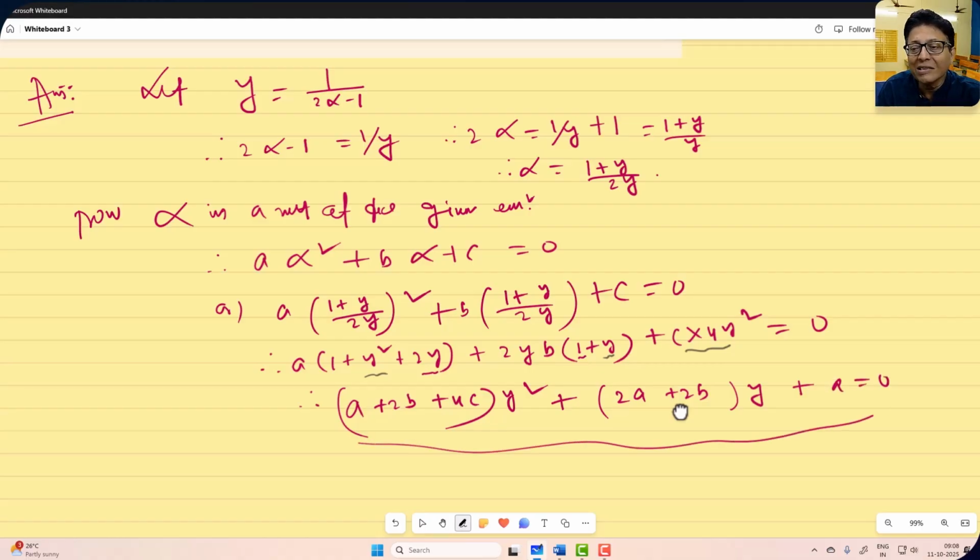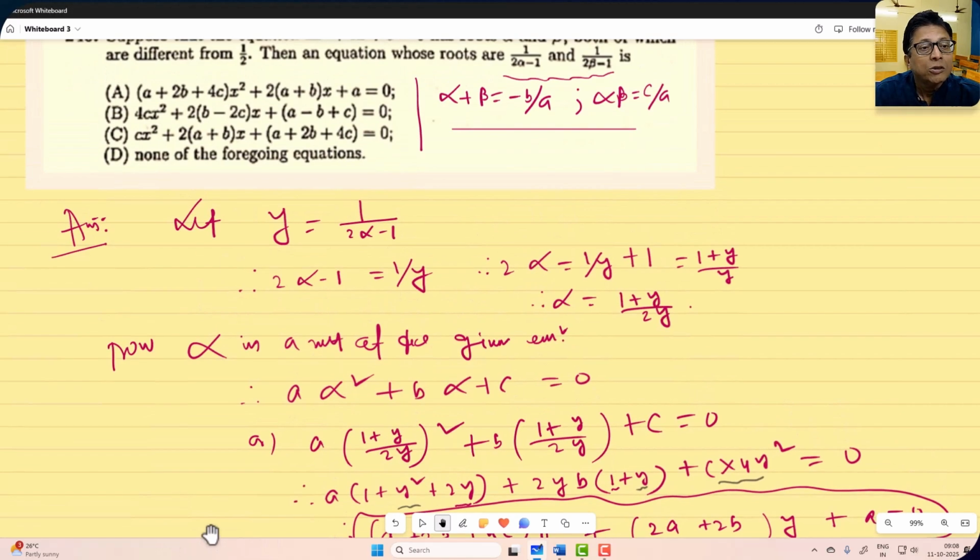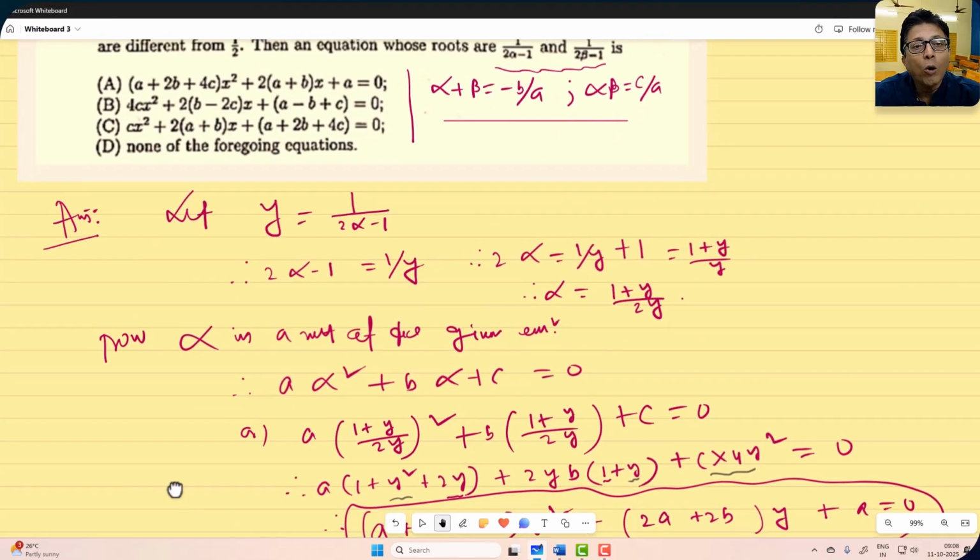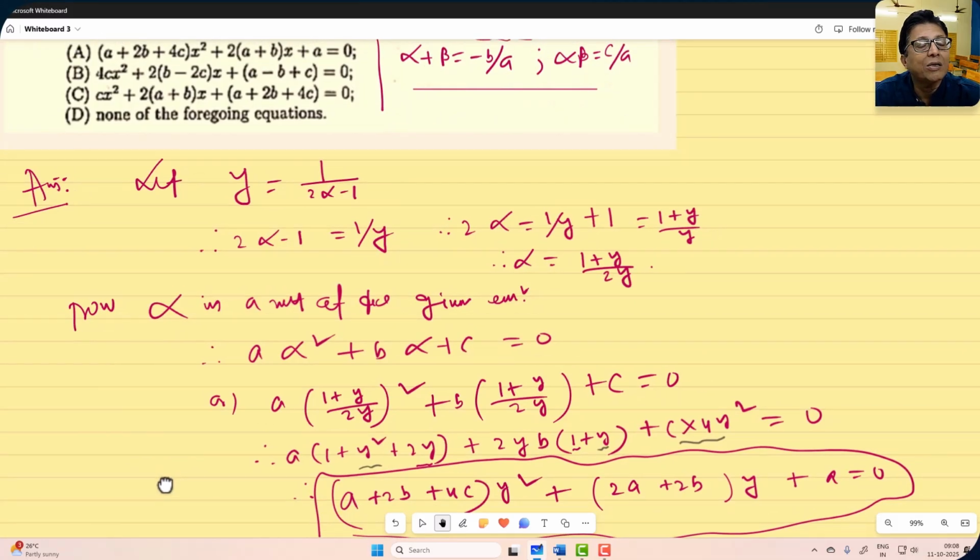Okay, so this is the required equation. So here we get option A is the correct one: (a plus 2b plus 4c) y square plus (2a plus 2b) y plus a equal to 0. Option A is correct.